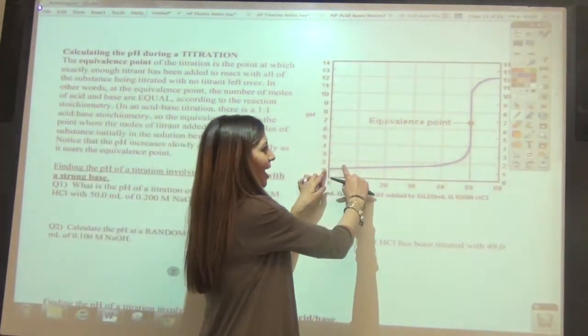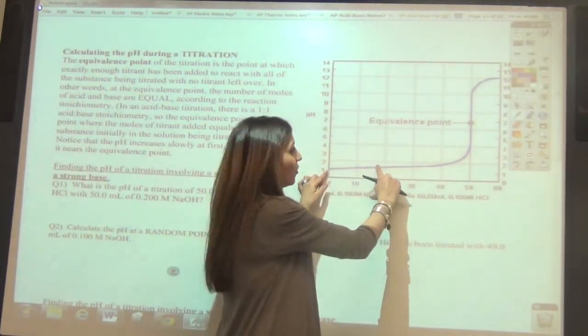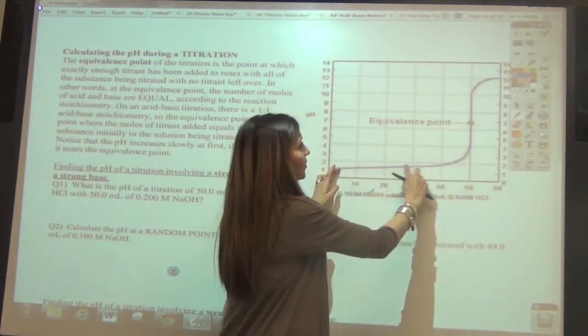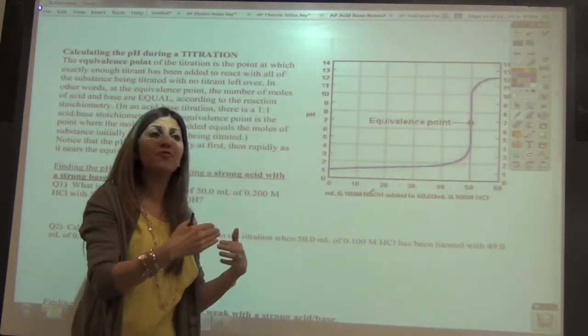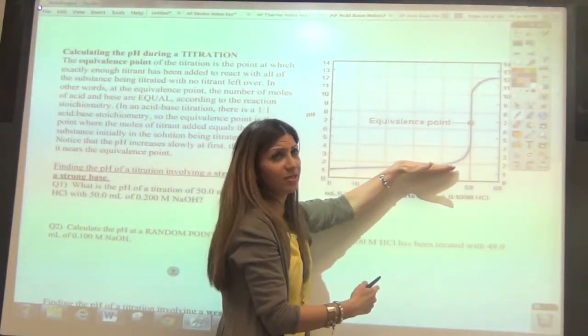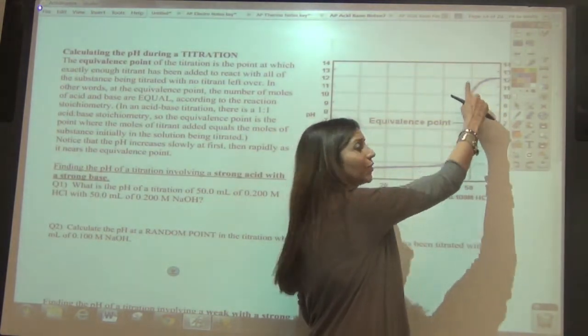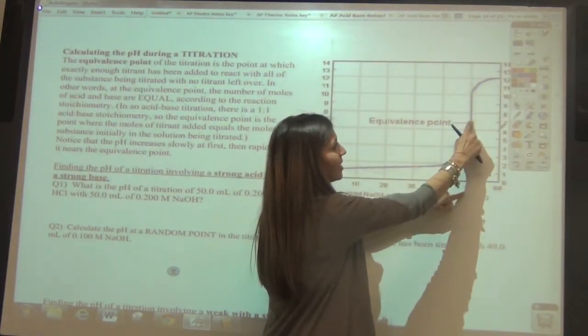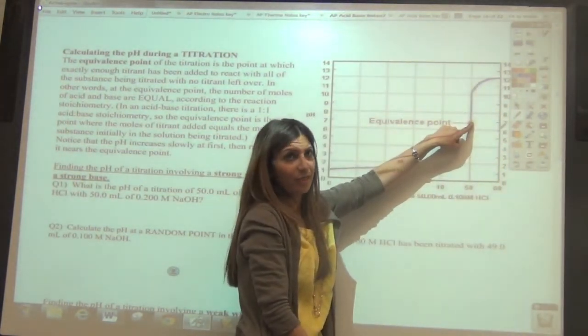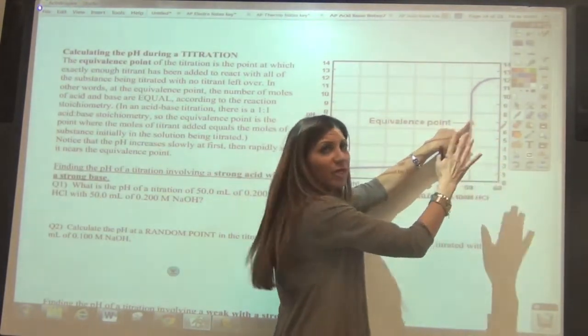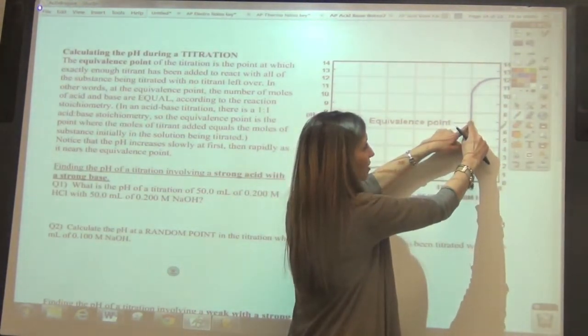Over time, you're going to start to slowly increase, but there's a certain amount of buffering that maintains the pH, and then all of a sudden, there's this huge shoot up right at this point, and they call that the equivalence point, okay? This point of inflection is where that equivalence point is.